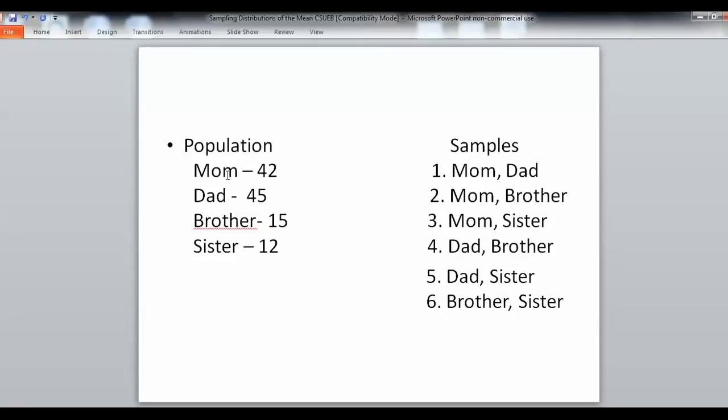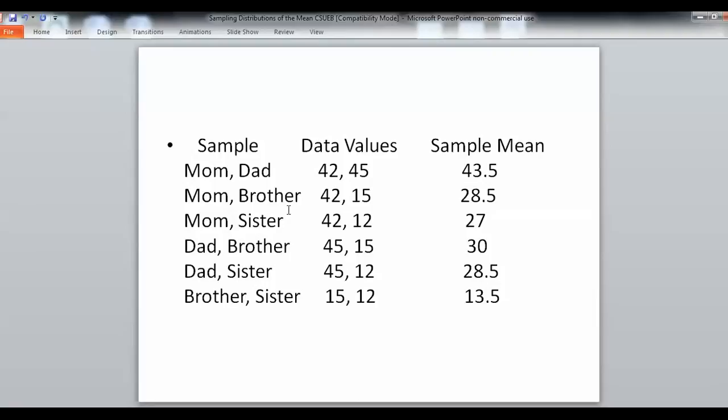So if I take a random sample of 2 people from this population, or if I just take, in general, a sample of 2 people from this population, I'm going to definitely end up with one of these 6 possible samples of 2 people. And each possible sample that I might end up selecting will give me a different data set.